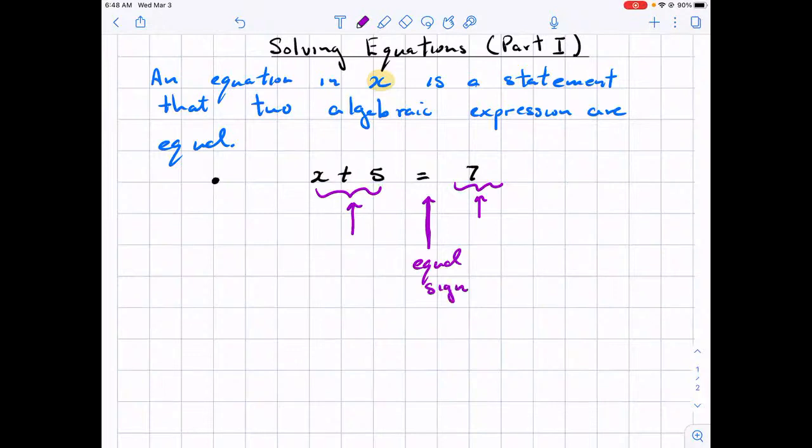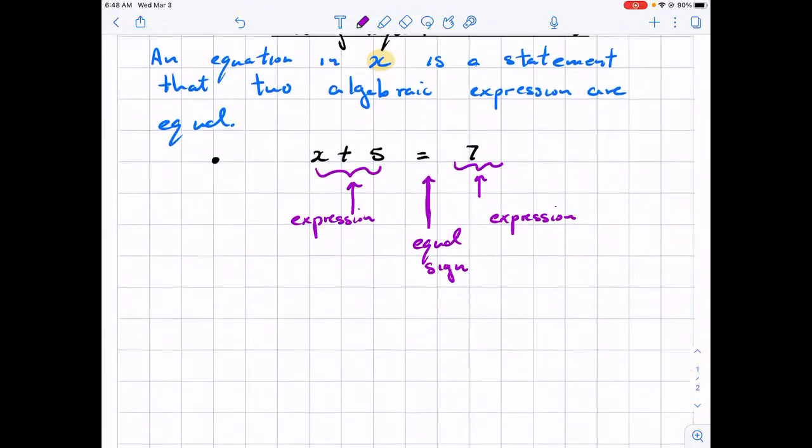On the left side, we have an expression. On the right side of the equal sign, we also have an expression. So here's an example of an equation in X, meaning the variable is X.